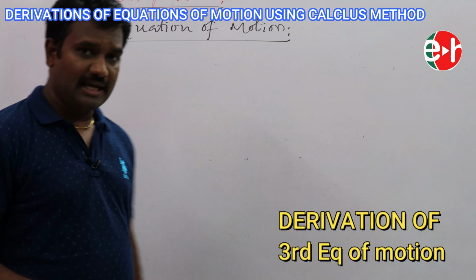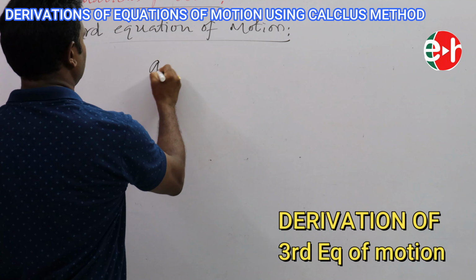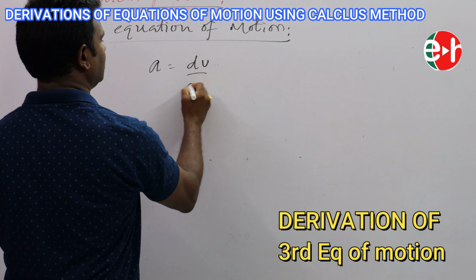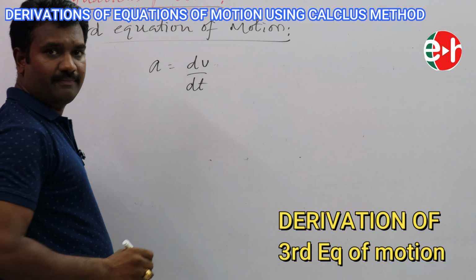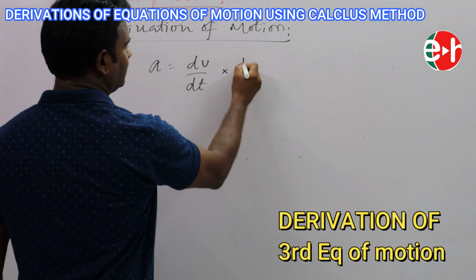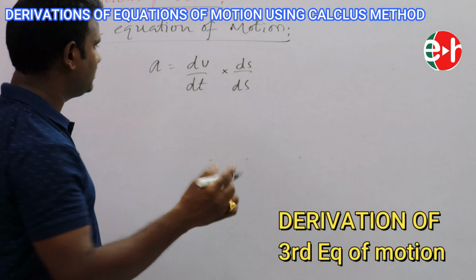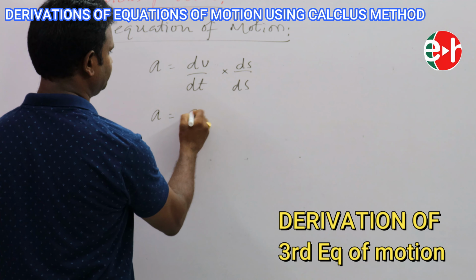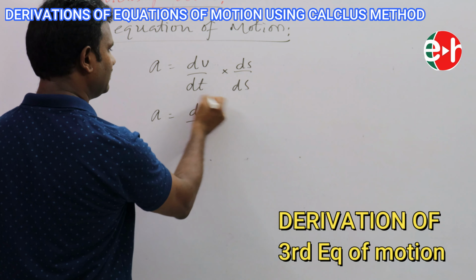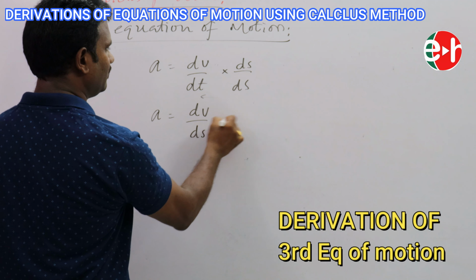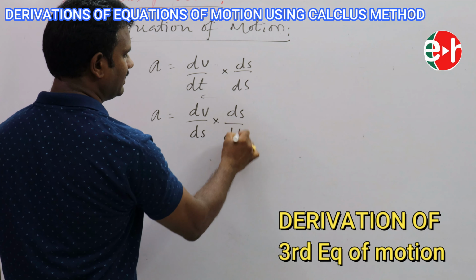As you know, acceleration is equal to dv by dt. We can multiply it with ds and divide it with ds, and now I would like to rearrange these terms. So a is equal to dv by ds into ds by dt.